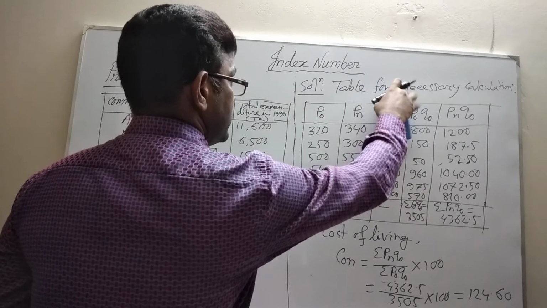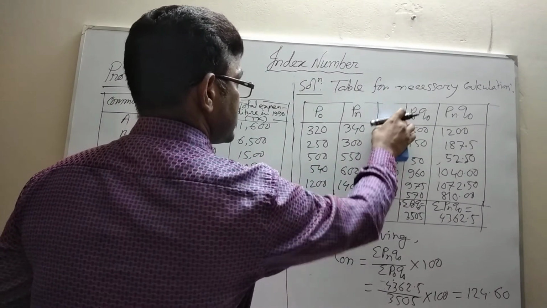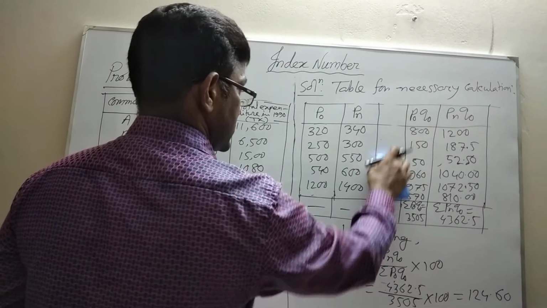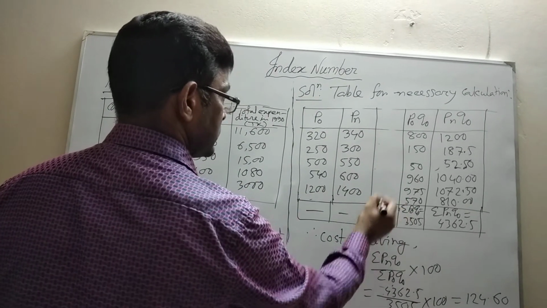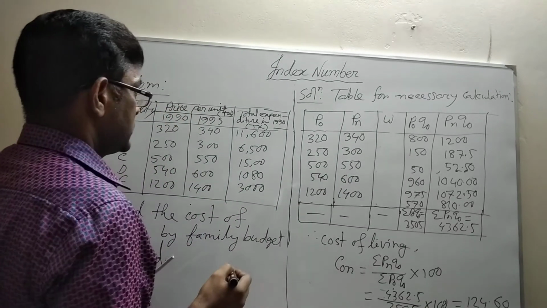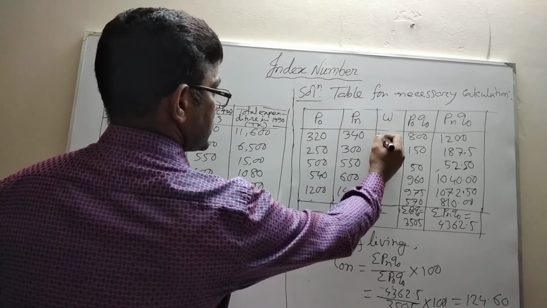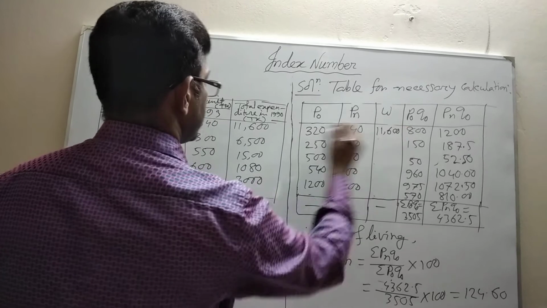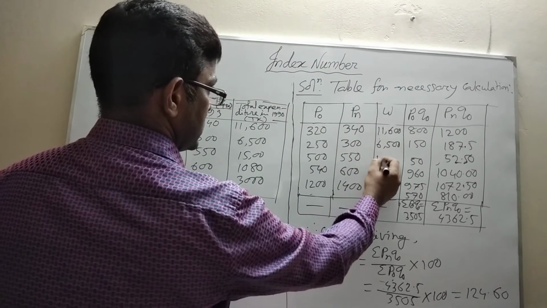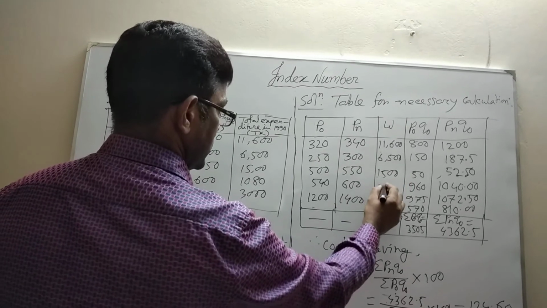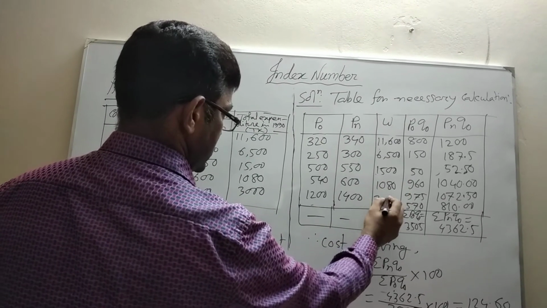And W, expenditure: 11,600, 1,500, 1,500, 1,080 and lastly 3,000.